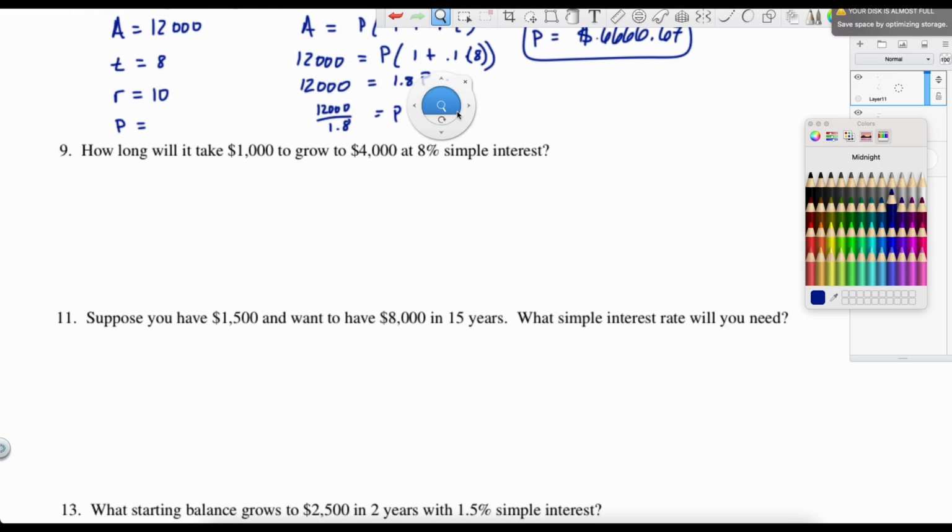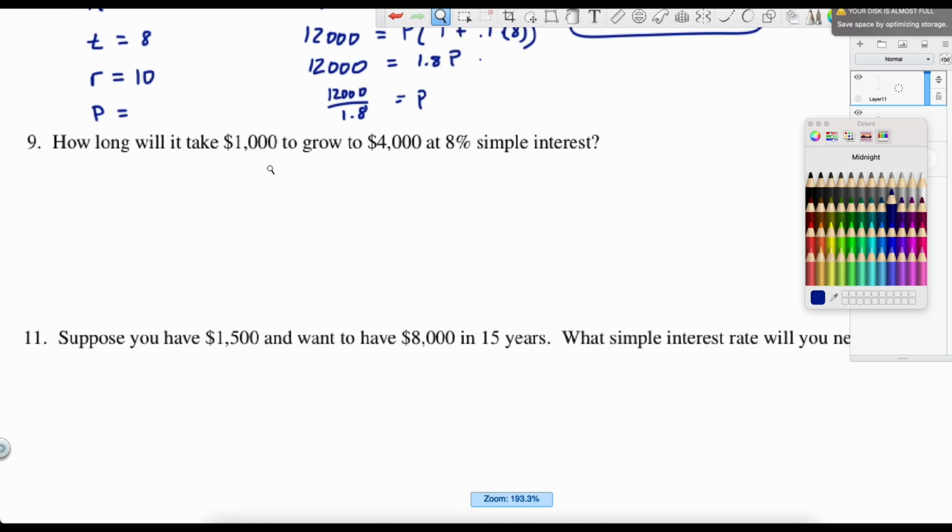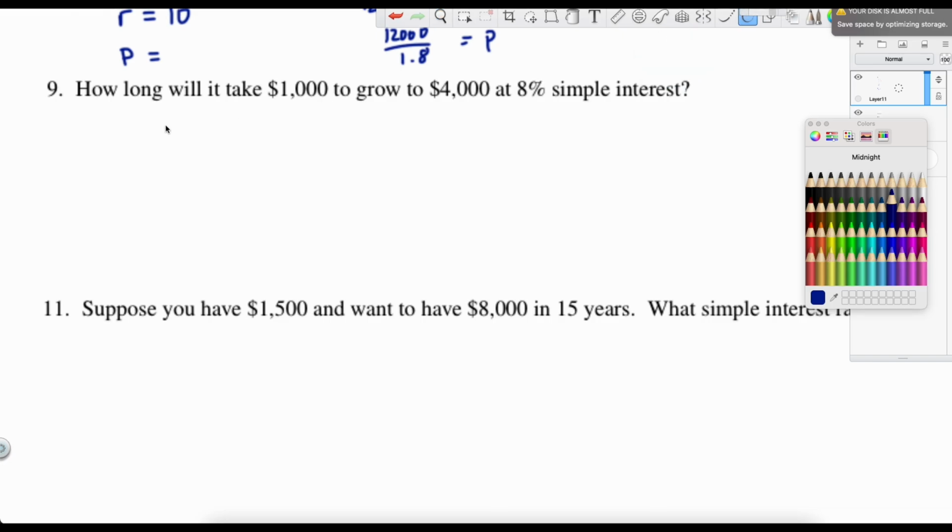How long will it take 1,000 to grow to 4,000 at 8% simple interest? We are asking for time. It takes to get to 4,000 if we start at 1,000. Those are supposed to be zeros. 0.08 times t.